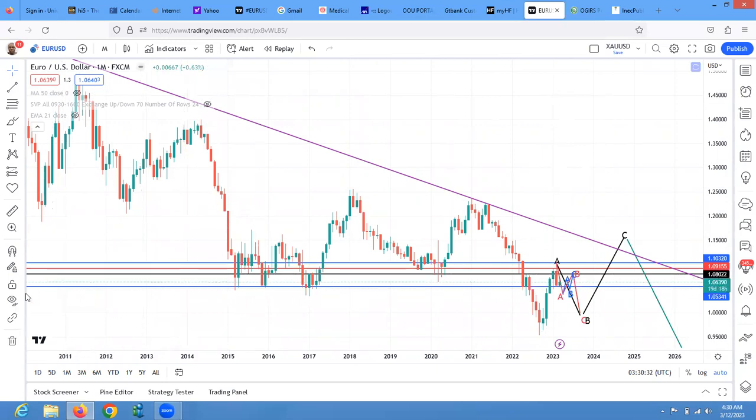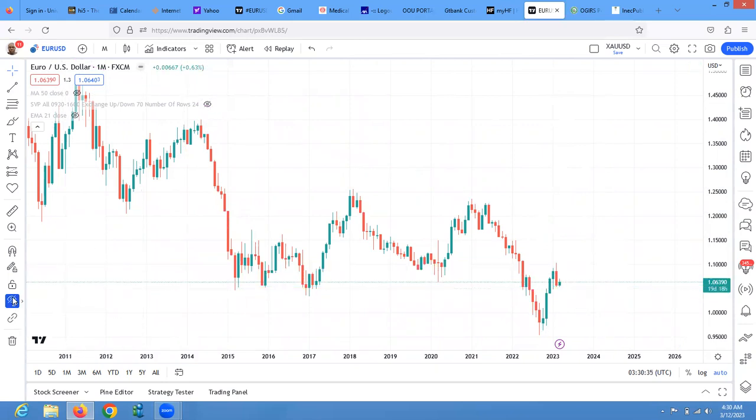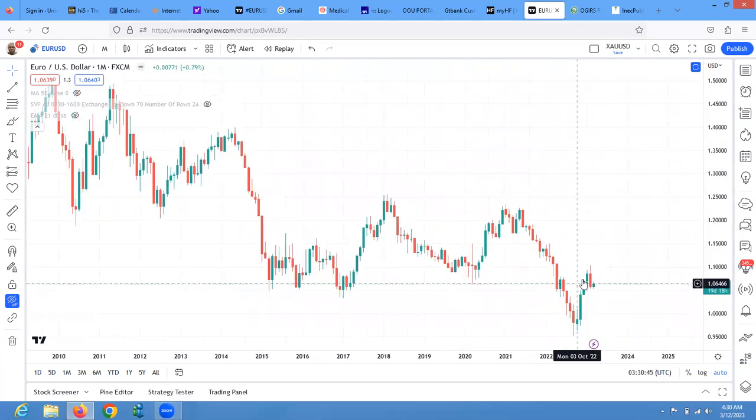Now, let's look at this. This is pretty much a correction of this entire run that is due on the monthly. That's a correction that is due. This had finished itself, so we are seeing a correction, but the correction is now not complete.